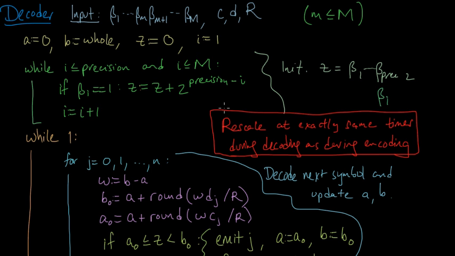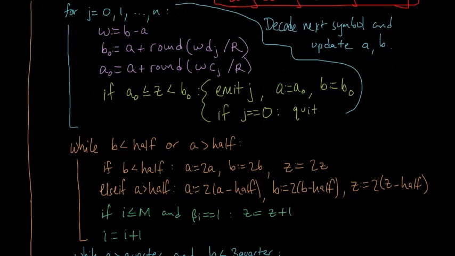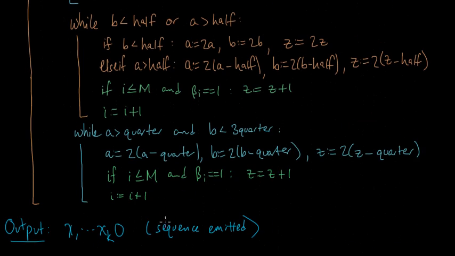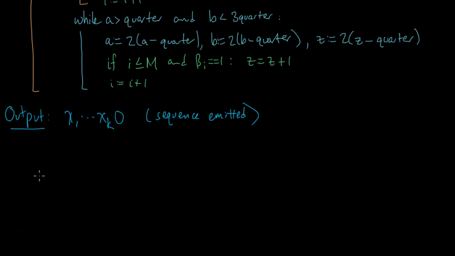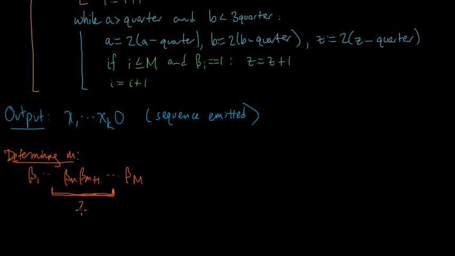But I'll indicate the rough idea of what you do. You're going to look at your current representation of z at the termination of the algorithm. It's going to be something like this, determining m. If we had beta 1 up to beta m plus 1, beta capital M, then your final z is going to be some binary sequence that's some substring of this right here.